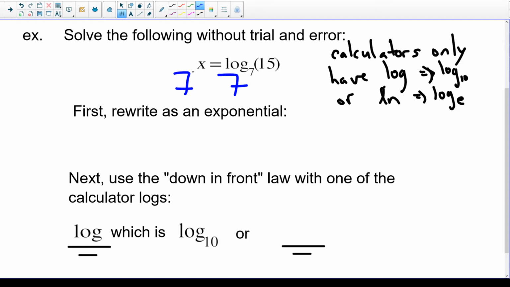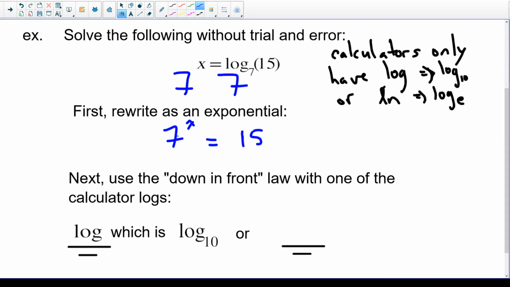And that's how you destroy a logarithm, is you raise them both up into the exponent position, or the power position, and that eliminates, it destroys the logarithm on the right hand side. So what we end up with then is 7 to the power of x is equal to just 15.